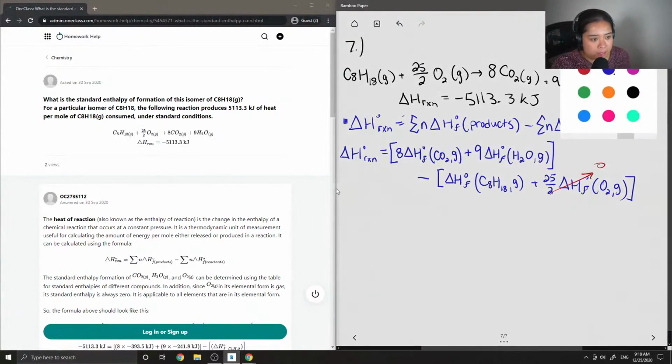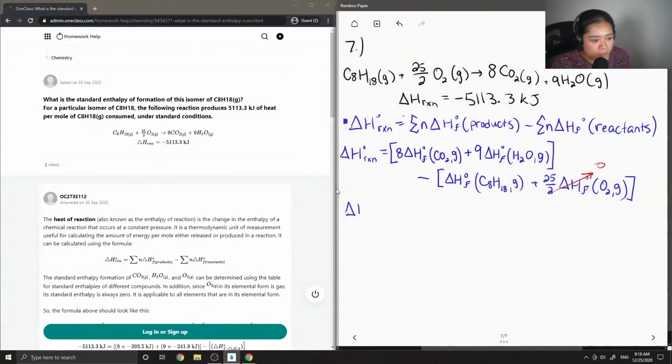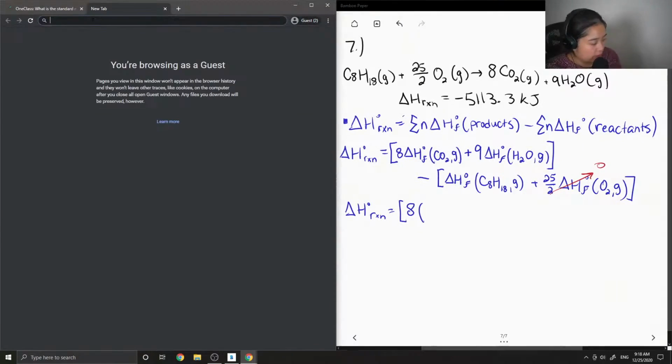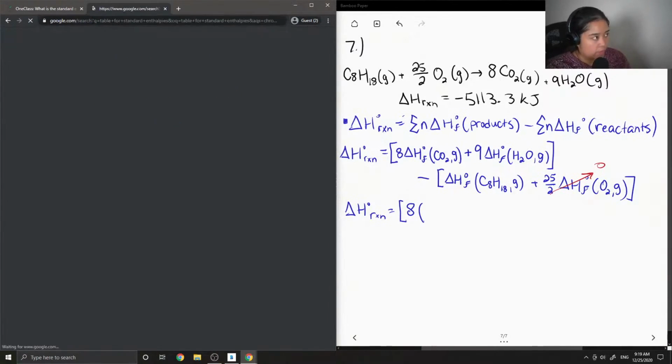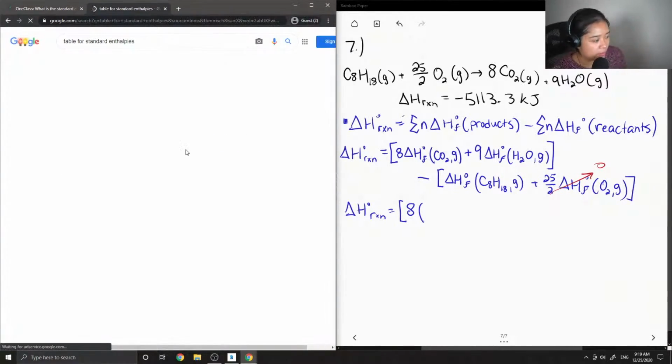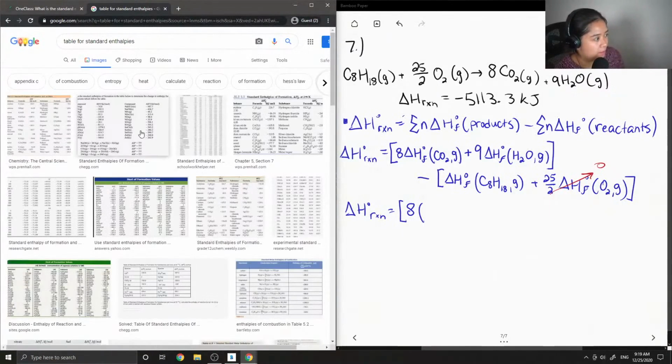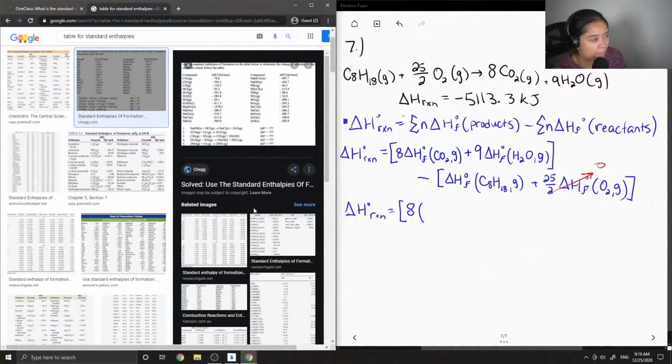And now I just need to look up the values for all of the delta H of formations for carbon dioxide and for water. So let me just look it up. So these values are usually given in the question, or they tell you to look at the table for standard enthalpies. So this can be in your textbook or at the back of a book.